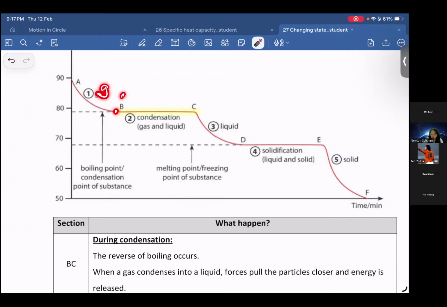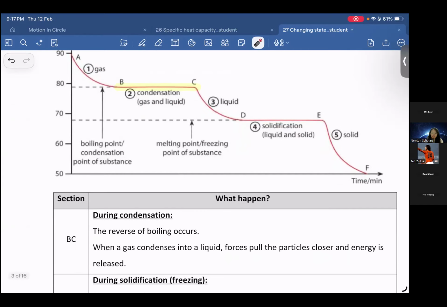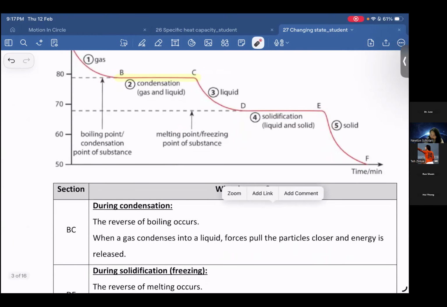So right now at point B it is still gas, but in between is gas plus liquid. Then at C it is completely liquid. At this part, they release energy and condense from gas into liquid. Energy is released, so the particles become closer. The force will pull them closer.